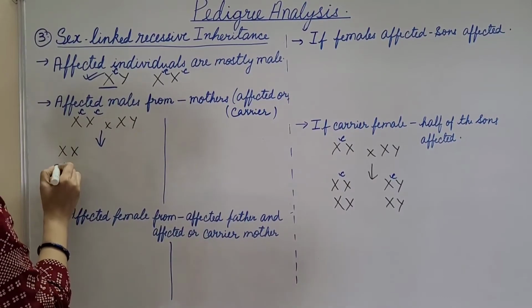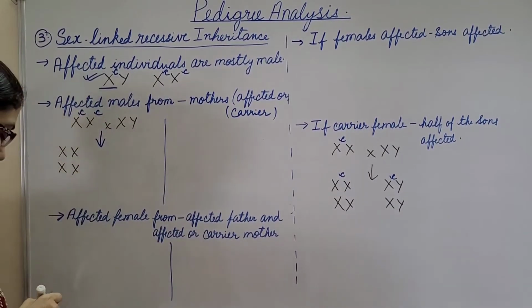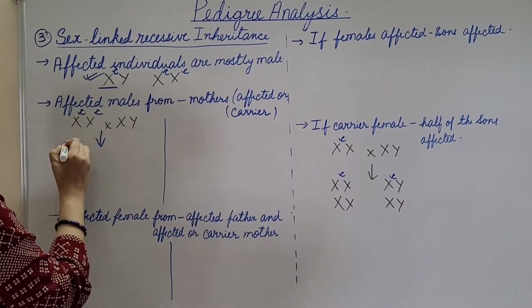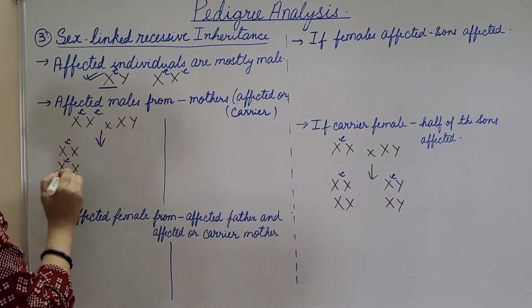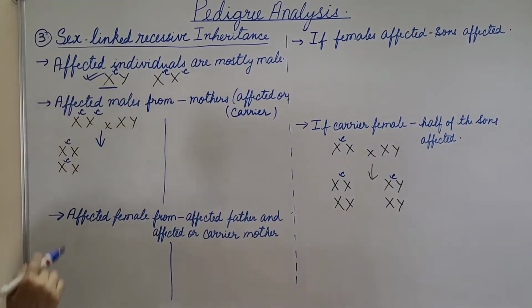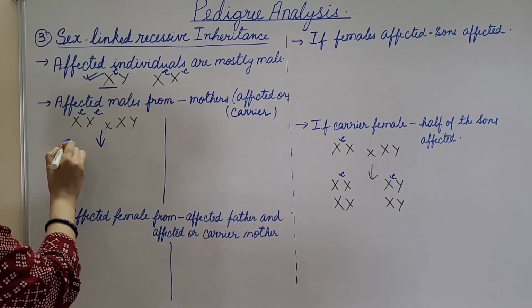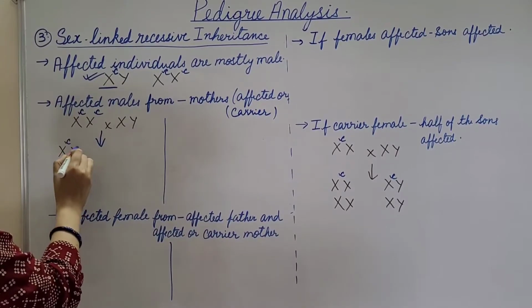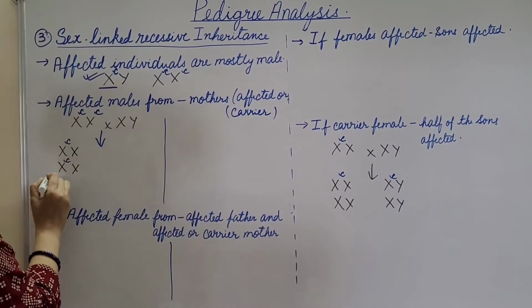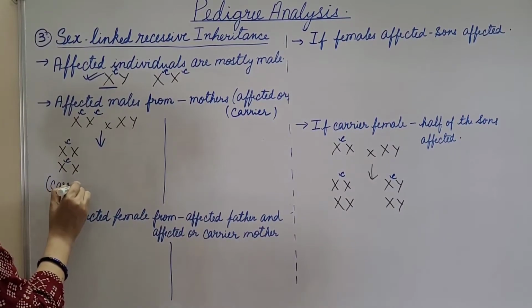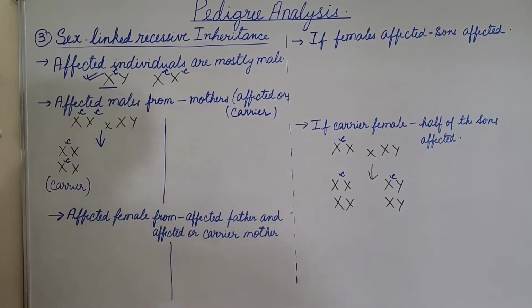Female or daughter receives 1 copy of X chromosome from mother and 1 copy from father. Father is unaffected, so both the daughters have only 1 copy of the recessive allele. In order to express it, it should have 2 copies of the recessive allele because there are 2 X chromosomes. So the daughters are carriers, but these are not affected.